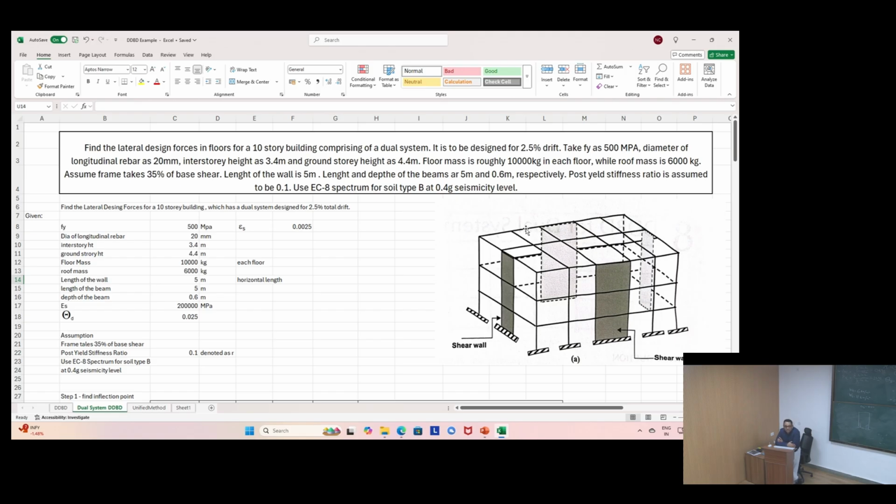And that's very typical, 0.1 to 0.25 is what is generally seen. Use an EC8, Eurocode 8, spectrum for soil type B at 0.4 g seismicity level, and I will provide you with the displacement spectrum.